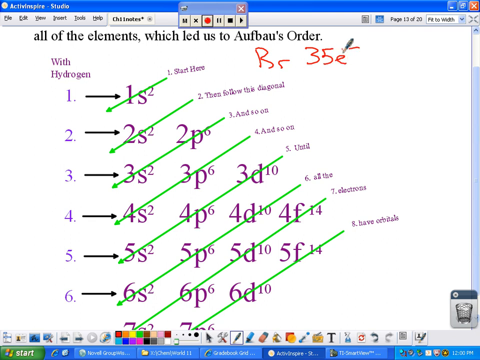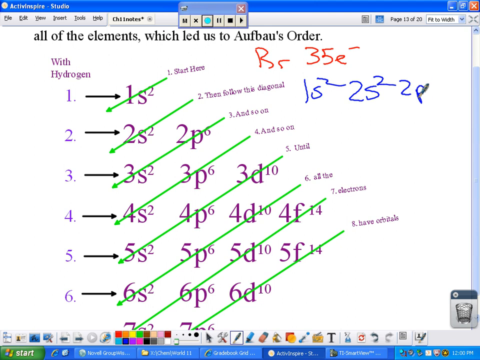Well, go down the next diagonal. 2s2. So far, it's not any different. Go to the next diagonal and slowly slide through and pick up the pieces as you go. 2p6, 3s2. Then you go to the next diagonal. 3p6. And here's where it gets difficult.